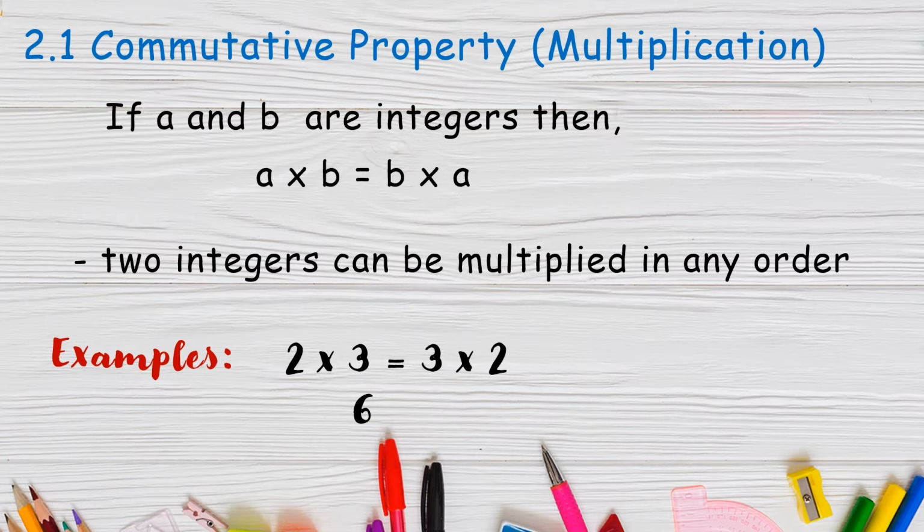If we multiply 3 and 2, we have 6 also. Another example, we have 5 times 2 is equal to 2 times 5. If we multiply 5 and 2, we have 10. If we multiply 2 and 5, we have 10 also. So two integers can be multiplied in any order. And that is commutative property of multiplication.